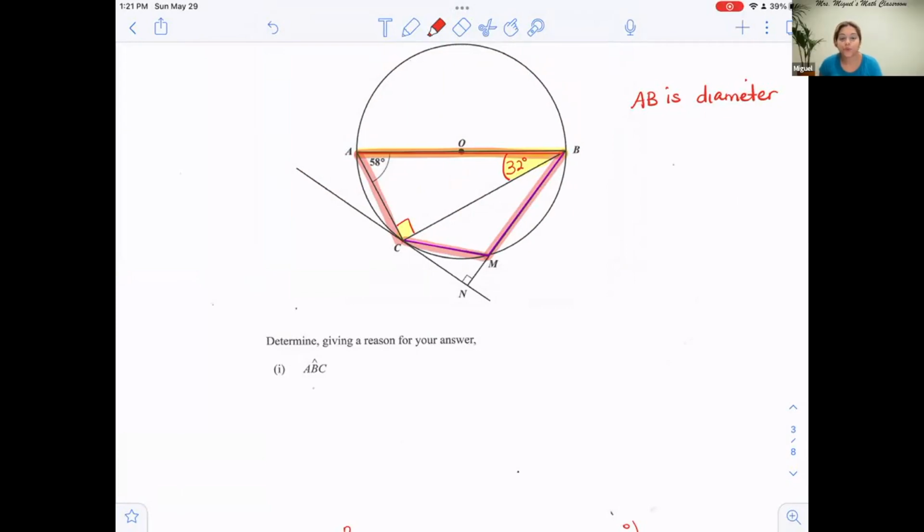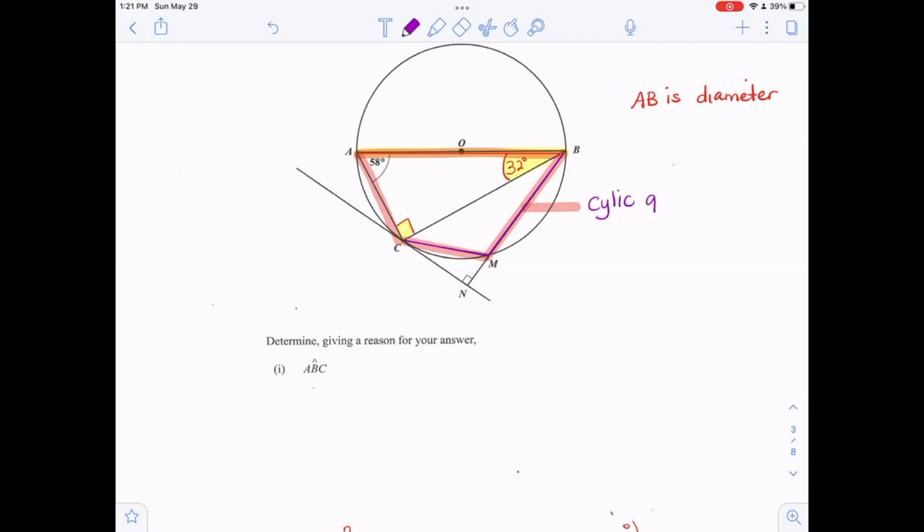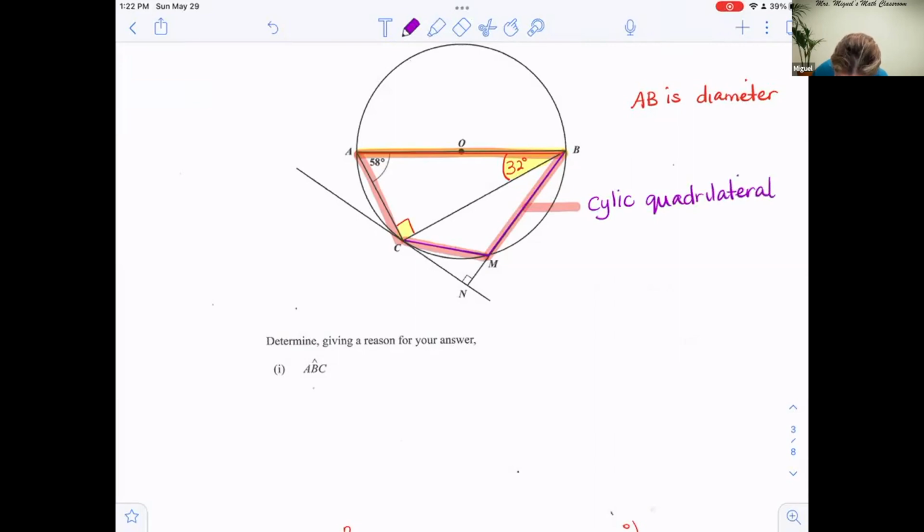And what do you know about the angles in a cyclic quadrilateral? They add to 180. Very good. So this is a cyclic quadrilateral. So that means M is opposite to 158. So work out the value of M. 180 minus 58. Work out that.